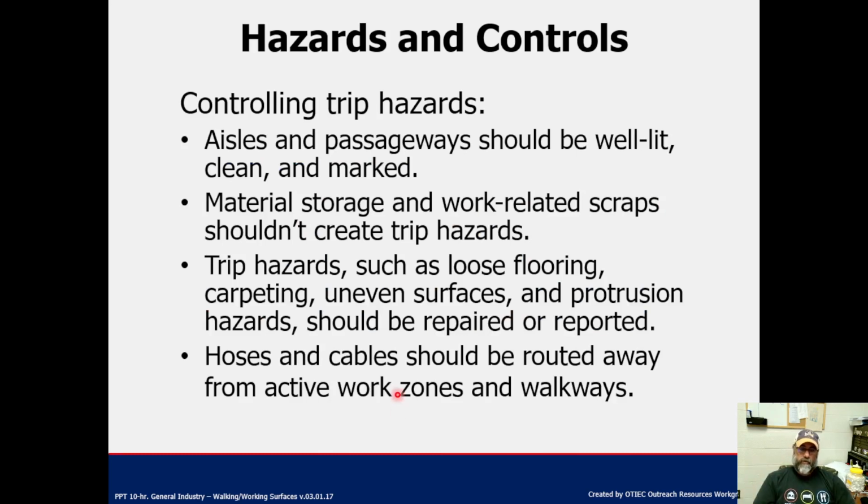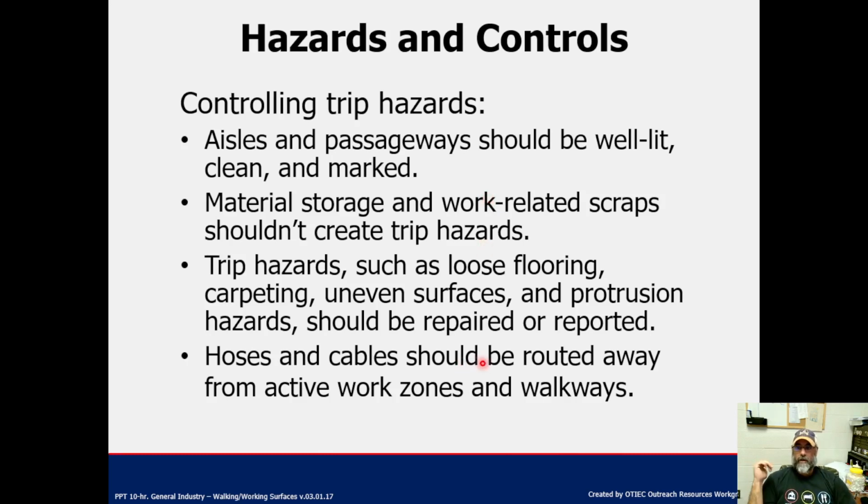So how do you control them? Well, a lot of this stuff is common sense. I understand that, but sometimes we just don't see it. Having proper walkways, having things that are well lit, identified, marked with aisles, having lines. Nothing can be inside these lines.